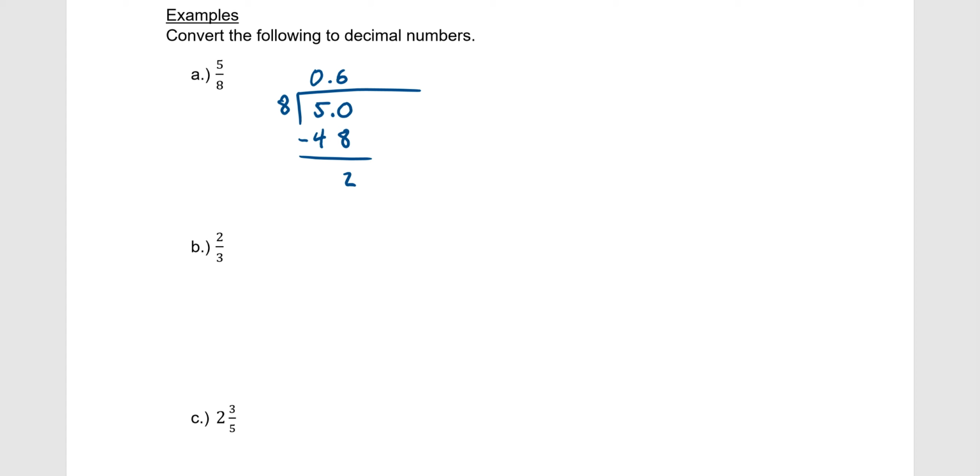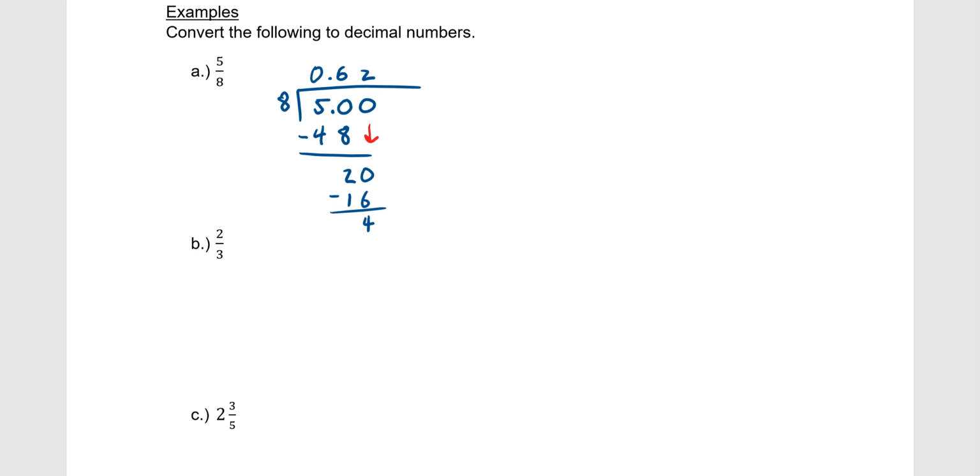So 8 does not go into 2. So what we can do is keep on adding zeros, and I'm going to bring that 0 down now. So now this is saying how many times does 8 go into 20? That would be twice. 8 times 2 is 16. 20 minus 16 is 4. And I believe we can do this one more time now and add one more 0 at the end.